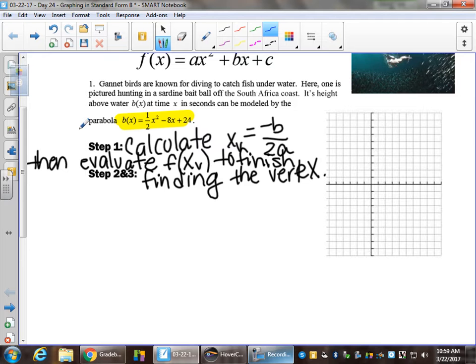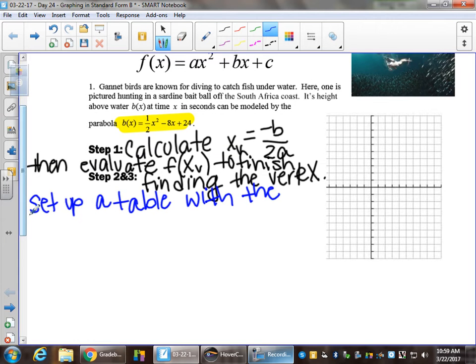Steps 2 and 3. The first thing we're going to do, set up a table with the vertex in the middle.